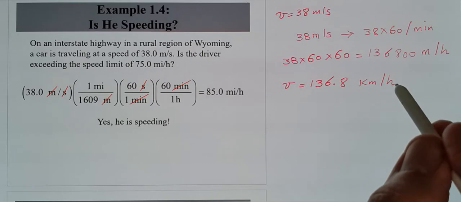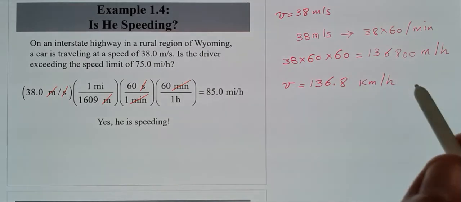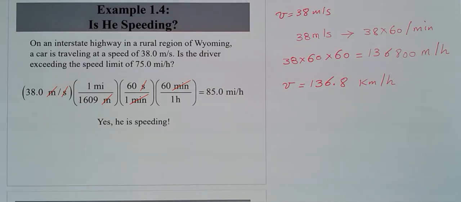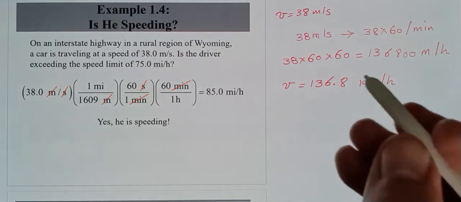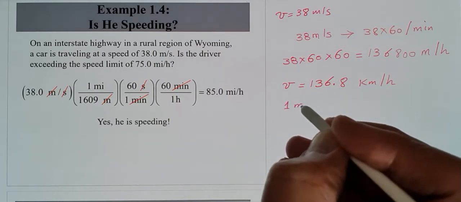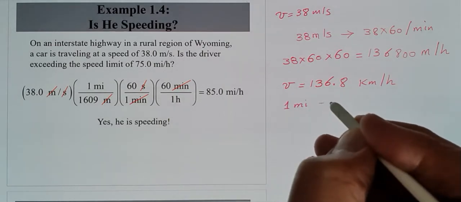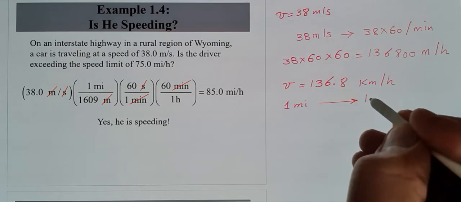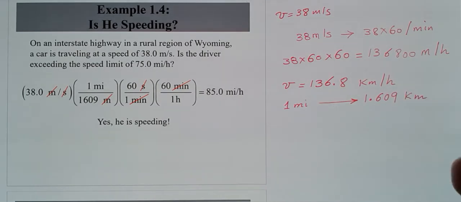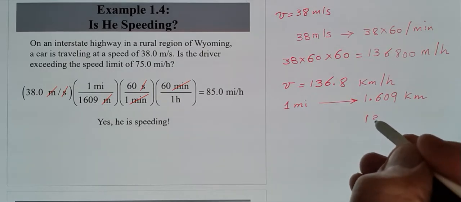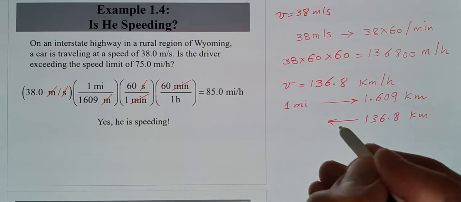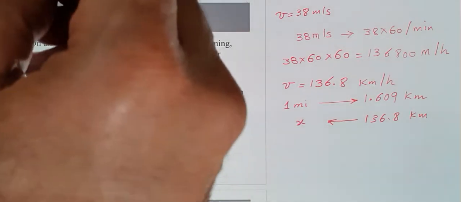Still we are in kilometer per hour, not mile per hour. Then we need to convert this into mile per hour. We know that 1 mile gives us 1.609 kilometer. So we have 136.8 kilometer, and we have x miles.